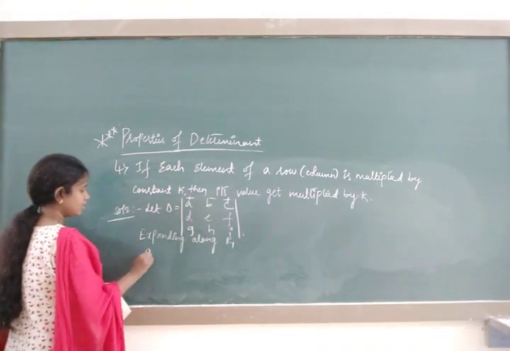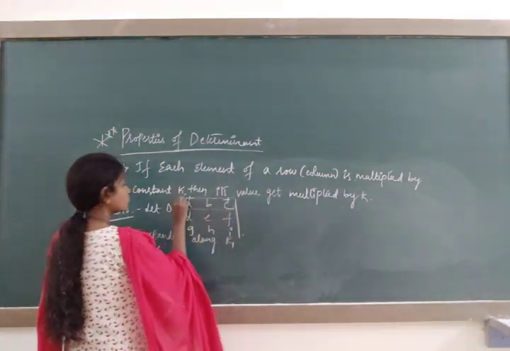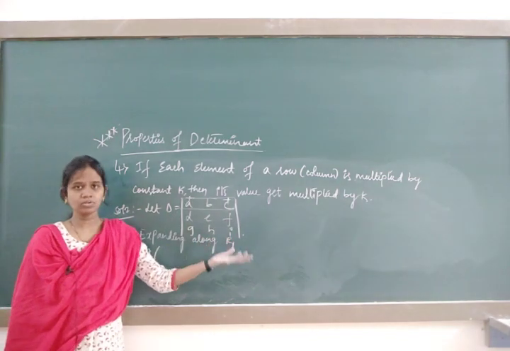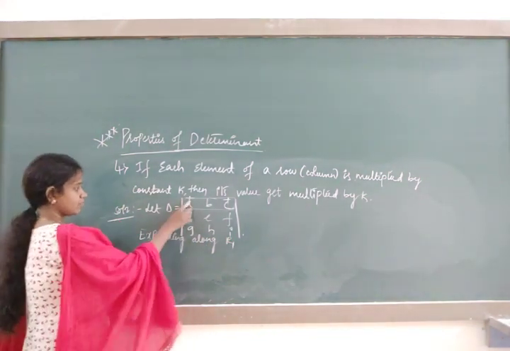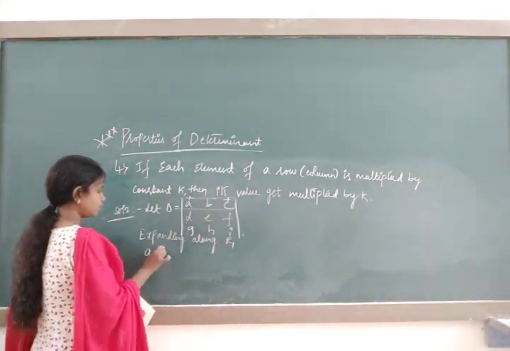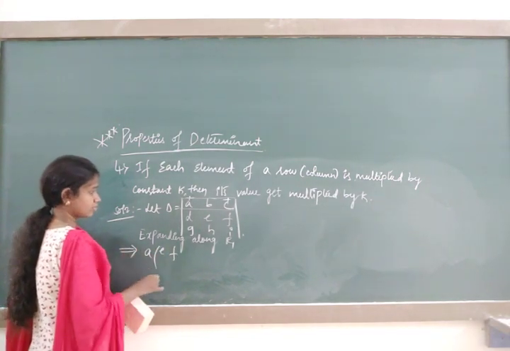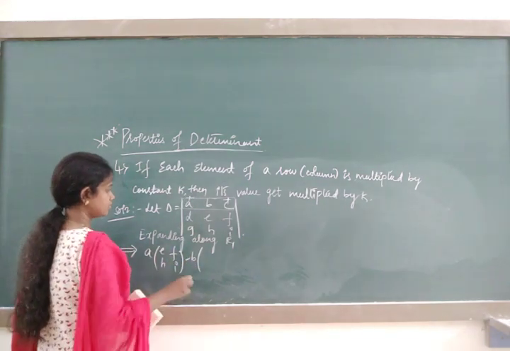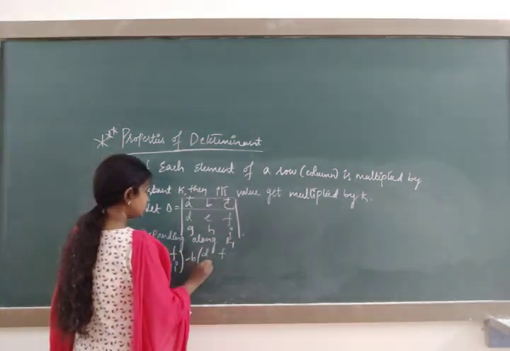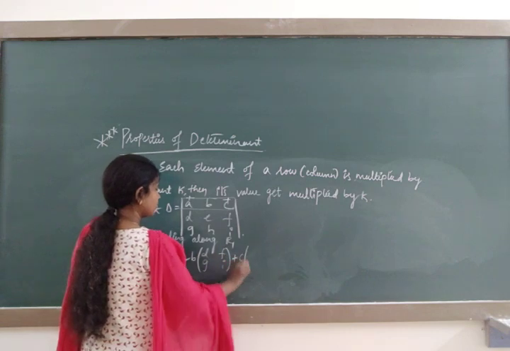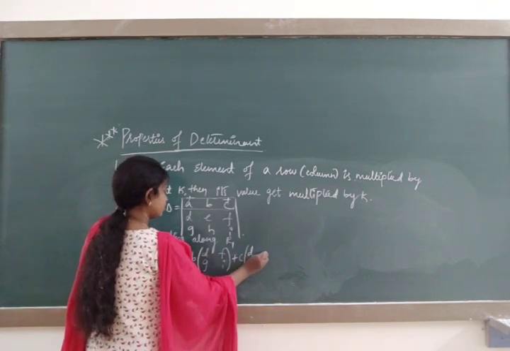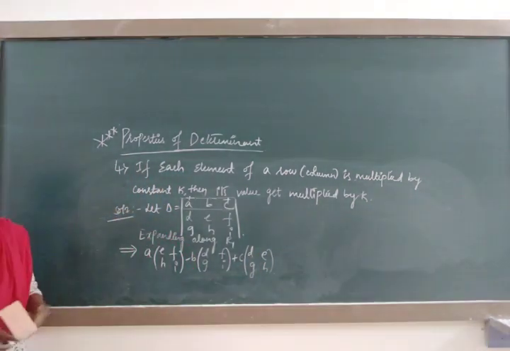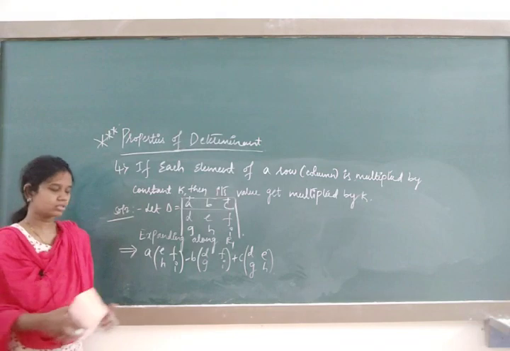The first row will be closed completely. Close the first column, then the second column, then the third column one by one. Closing the first column, it will be EF HI, minus B of DF GI, plus C of DE GH. You know the closing of the first, second and third column.